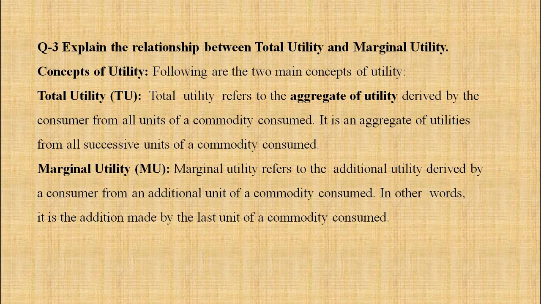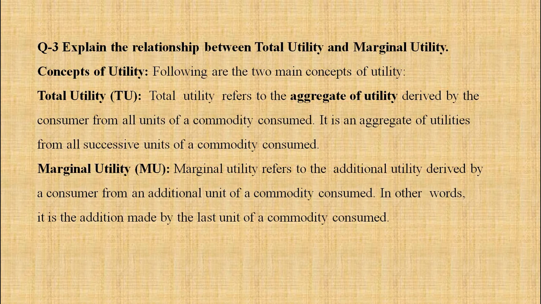Second, marginal utility. Marginal utility refers to the additional utility derived by the consumer from an additional unit of commodity consumed. It is an addition made by the last unit of commodity consumed. For example, I have one glass of water, and if I take another glass of water, the second glass is called marginal. If I am taking a third glass, then the third will be called marginal.